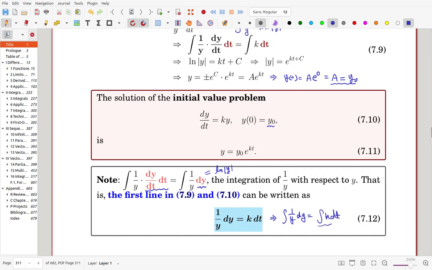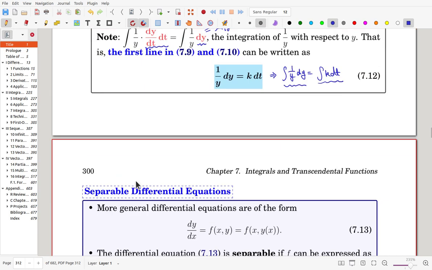That integration is with respect to t, and that integration is with respect to y. After separation, everything over there includes the y variable only. The right-hand side is only a function of t, so we can integrate separately. That's a technique. Okay, we'll explore this technique in later examples.